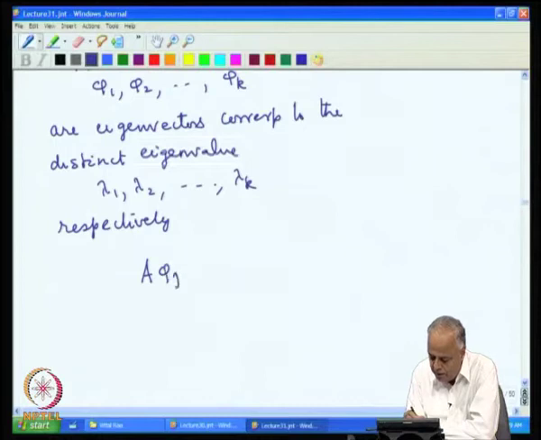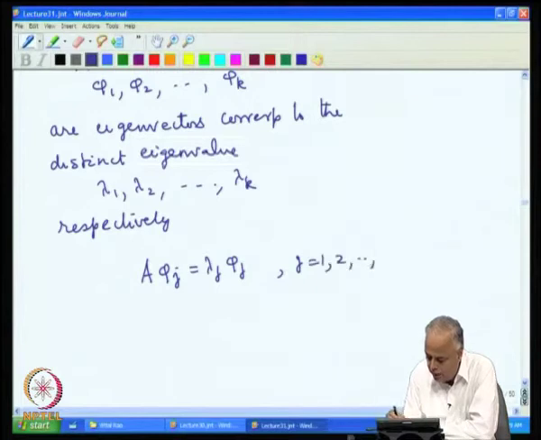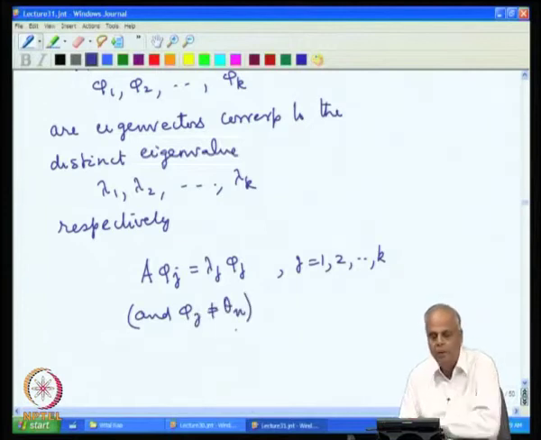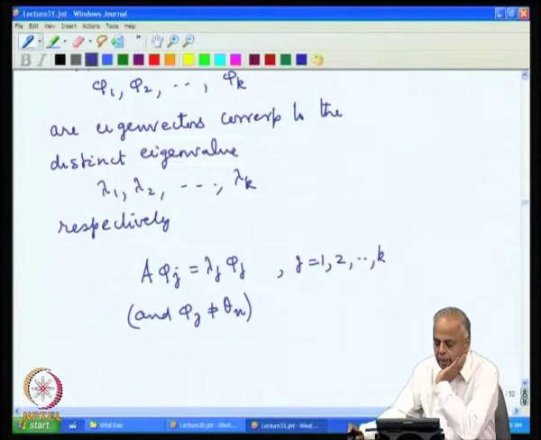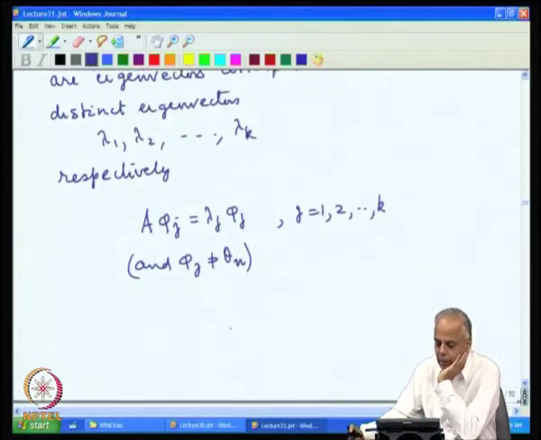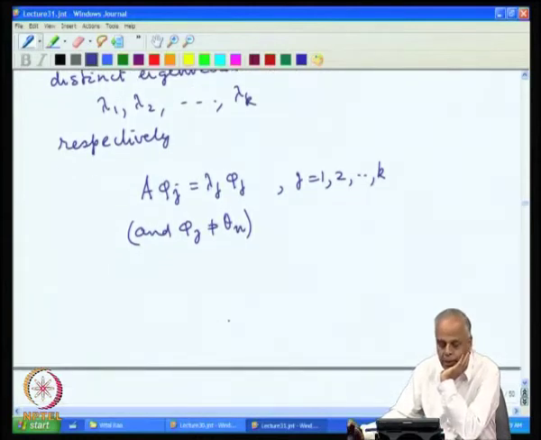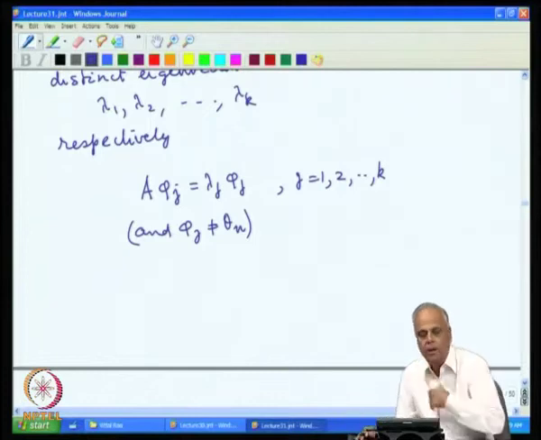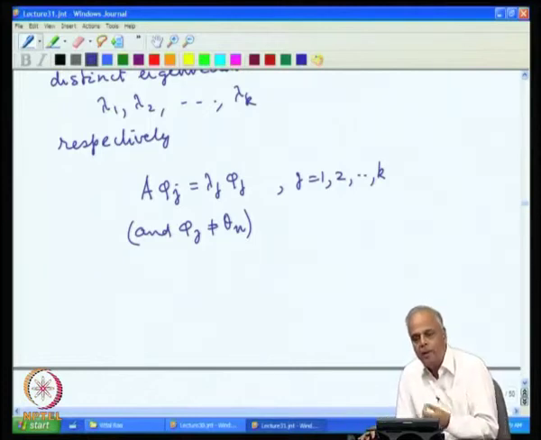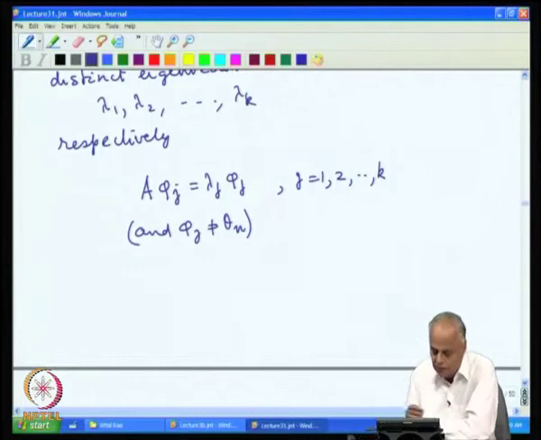So, what does that mean? A phi j is equal to lambda j phi j for j equal to 1, 2, k, and the phi j are not 0. They are non-zero vectors because they are chosen to be eigenvectors. We have just now observed that when you have an eigenvector, the polynomial evaluation is easy.